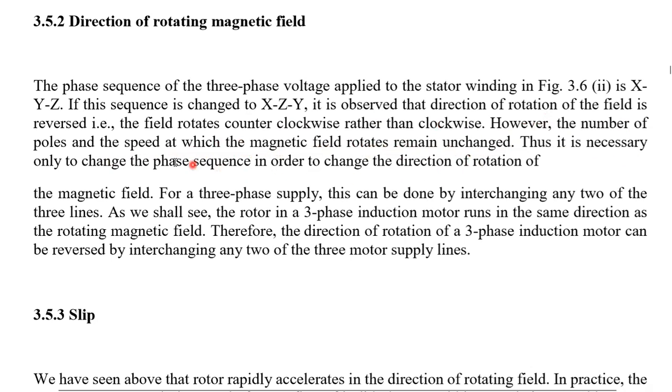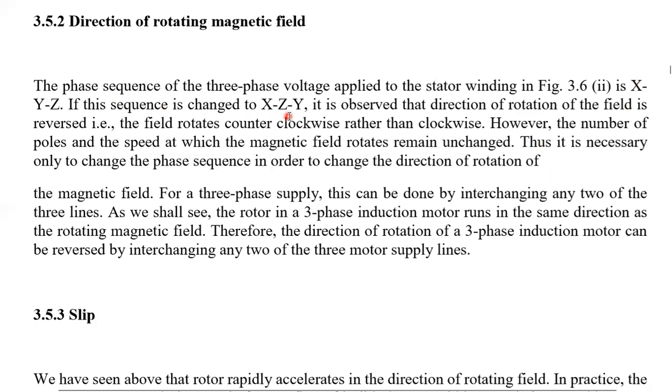Thus, it is necessary only to change the phase sequence in order to change the direction of rotation. By changing the phase sequence only, the direction of rotation of the induction motor is changed.